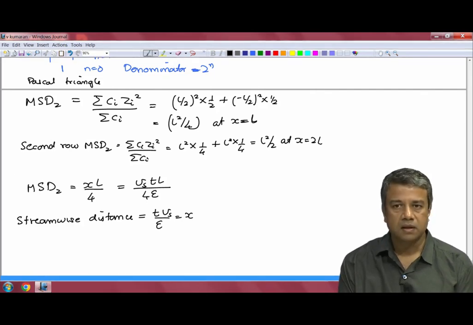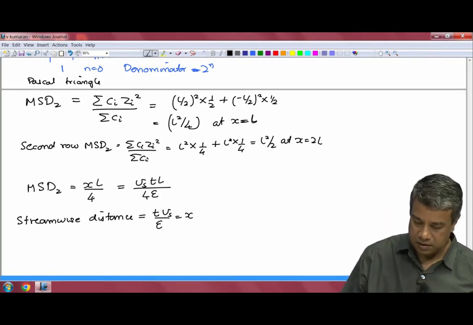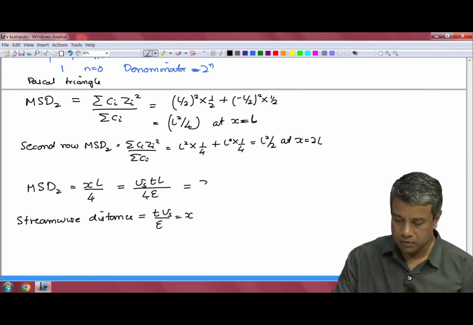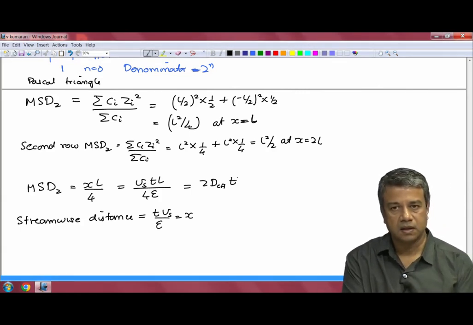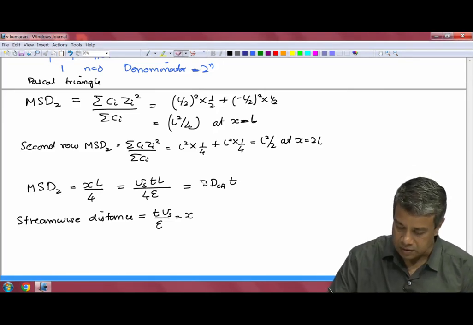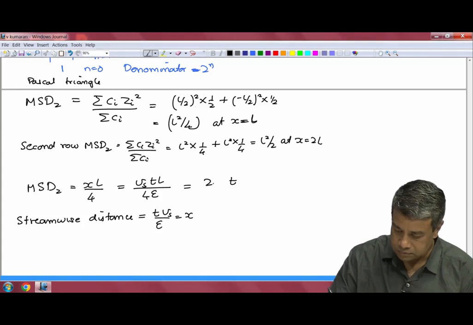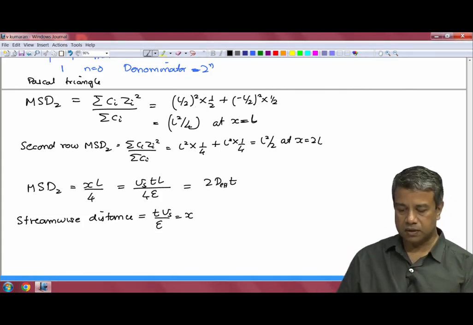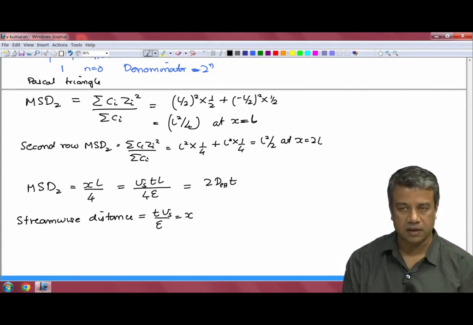Recall that when we had done the problem of diffusion of a pulse, I had said that the mean square displacement, or the variance of the distribution function, is equal to 2 times the effective diffusion coefficient times t. This is in one dimension.